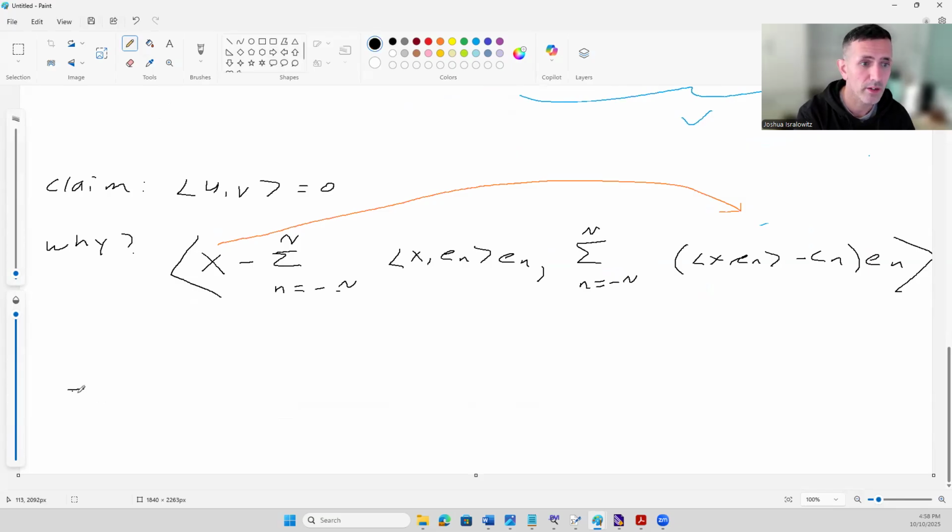I'll do that in orange, why not? So that's going to be the sum here, x. I'm going to pull this out, complex conjugate, because it's going to be in the right spot.